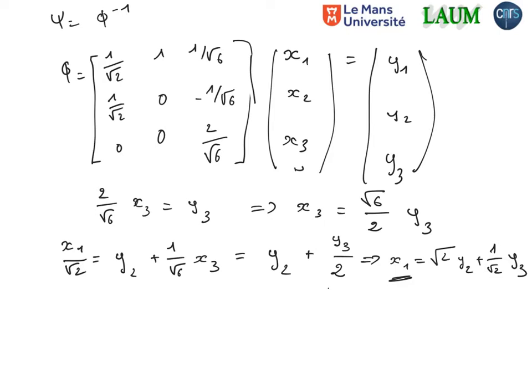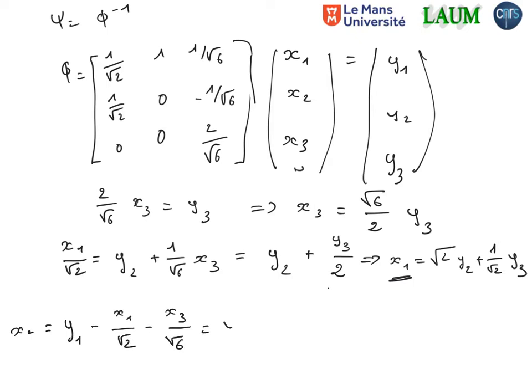Now I need the expression of x2, so I use the first equation, y1 minus x1 over square root of 2 minus x3 over square root of 6.